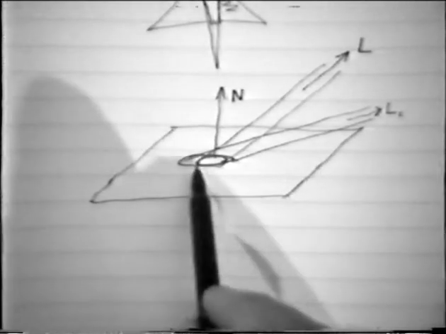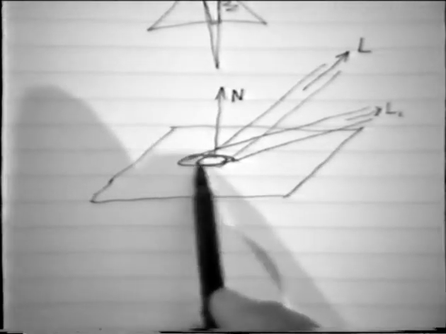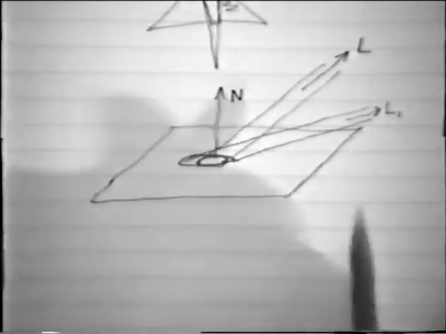So the total amount of light energy per unit area that the surface gets is a function of the angle that you see here. The more edge on the angle, the more the light is spread out, so the less light you've got coming off per unit area, so the less light that you see reflected.